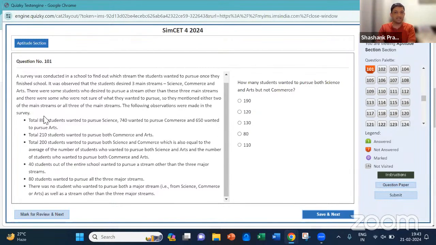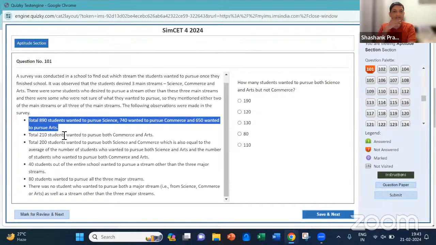So if I'm looking at 890 plus 740, it will be 1630, and 650 more gives 2280 in total, which is A plus 2B plus 3C. 80 is C, so 3C is 240. 2280 minus 240 is 2040. So A plus 2B is 2040.